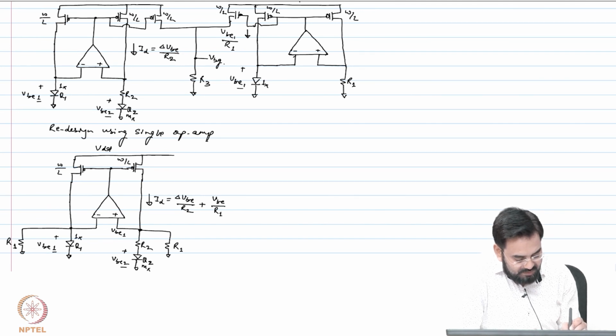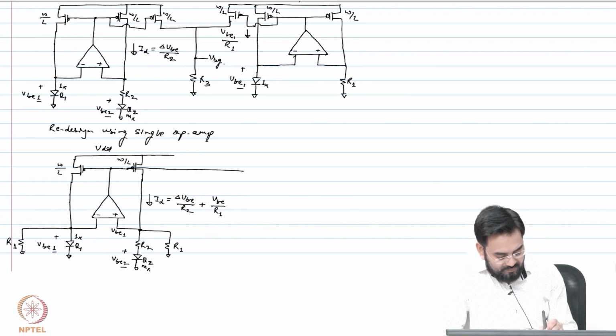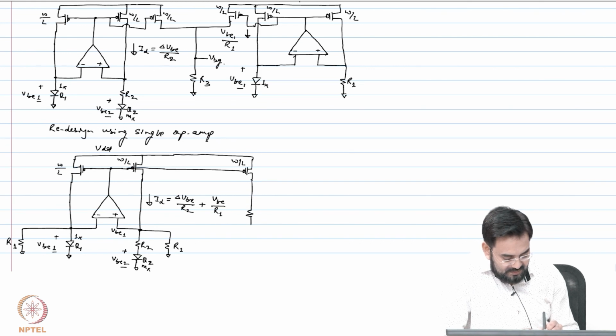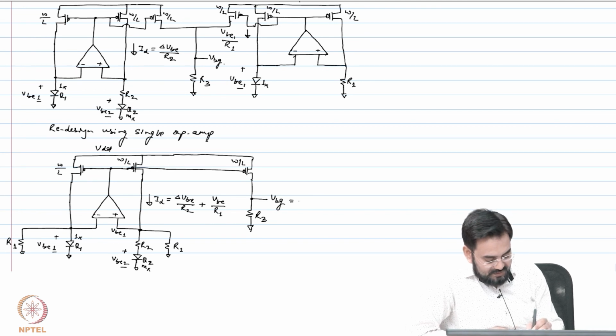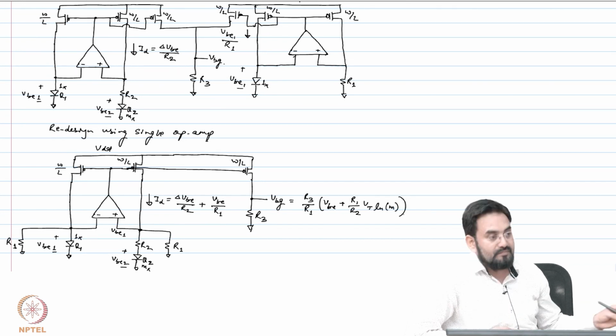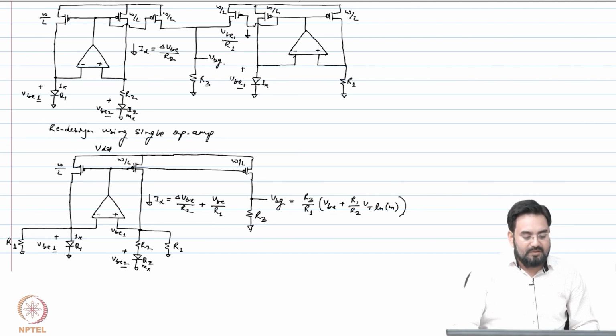So this is W by L device. This is again W by L device, connected to resistor R3, okay, and this will be your R3 by R1 into VB plus, correct. So you can do it with a single op amp.